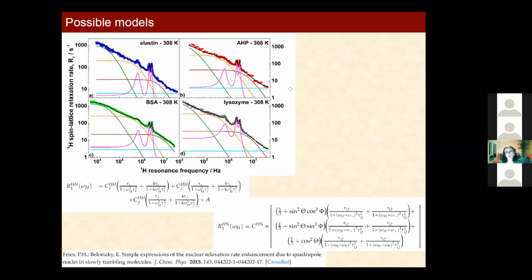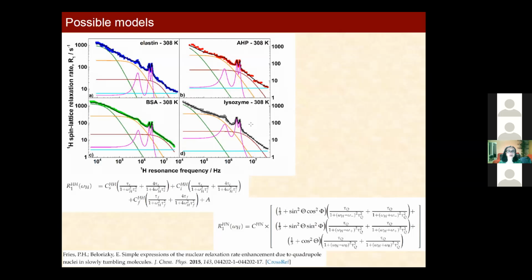Nitrogen has the spin quantum number 1, so there are 3 possible energy levels, and it means there are 3 transitions between the nitrogen energy levels. So there are 3 frequency-specific relaxation maxima, and they correspond to the situation when the proton resonance frequency matches one of the transitions of the nitrogen.